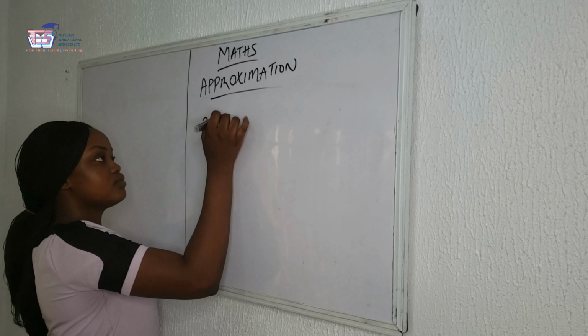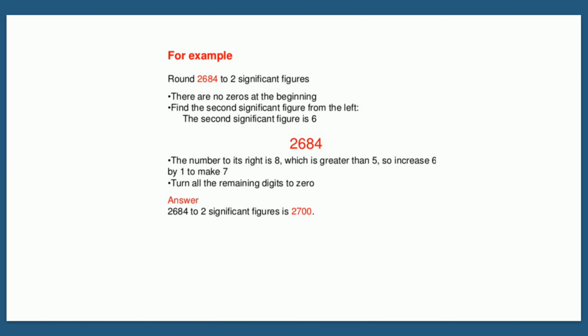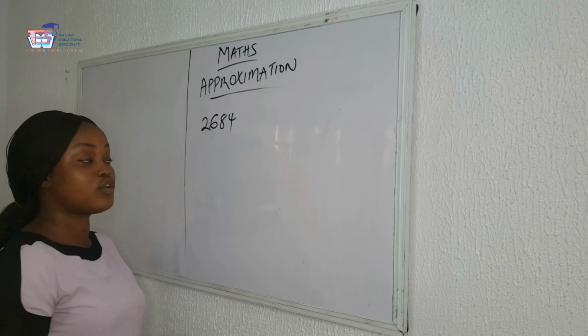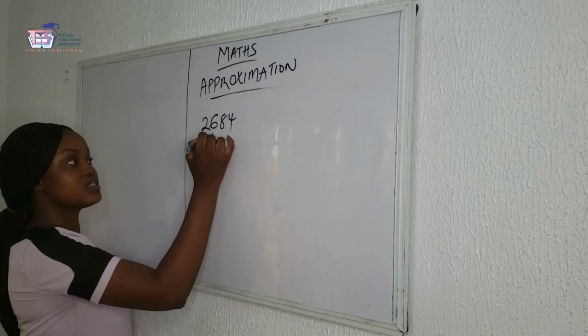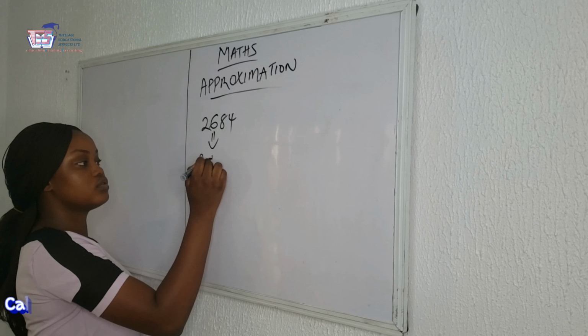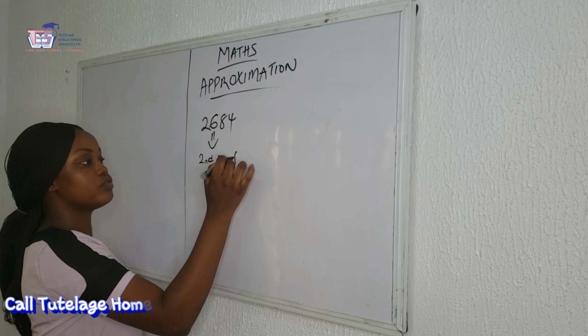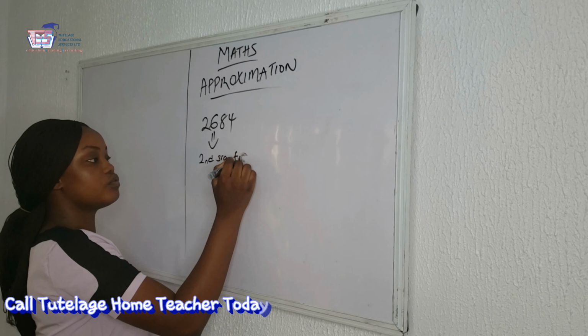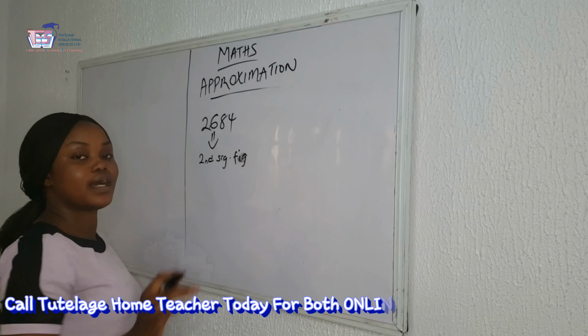2684 to two significant figures. We want to approximate 2684 to two significant figures. What's the first significant figure? 2. The second significant figure is 6, right? Now, what is the number after 6?